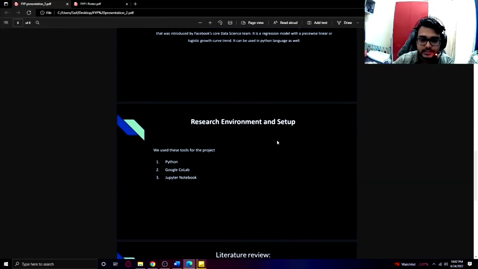For the research environment and setup, we have chosen Python as the programming language, and as tools we have been using Google Colab and Jupyter Notebook, as these two tools allow us to go through data pre-processing faster, and hopefully the modeling as well.